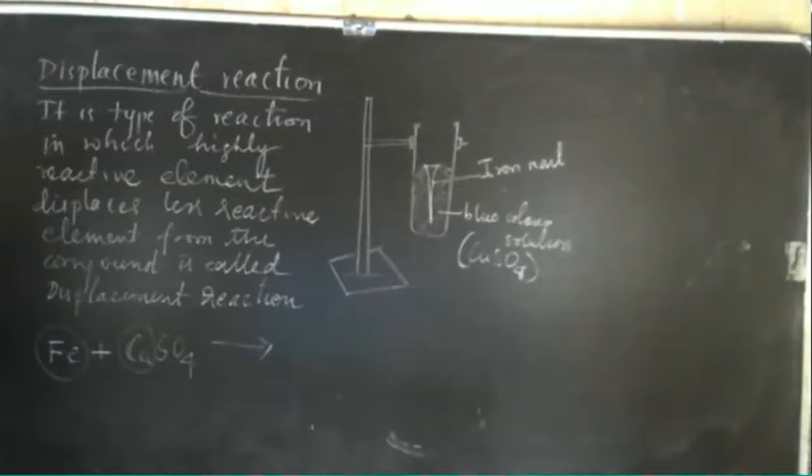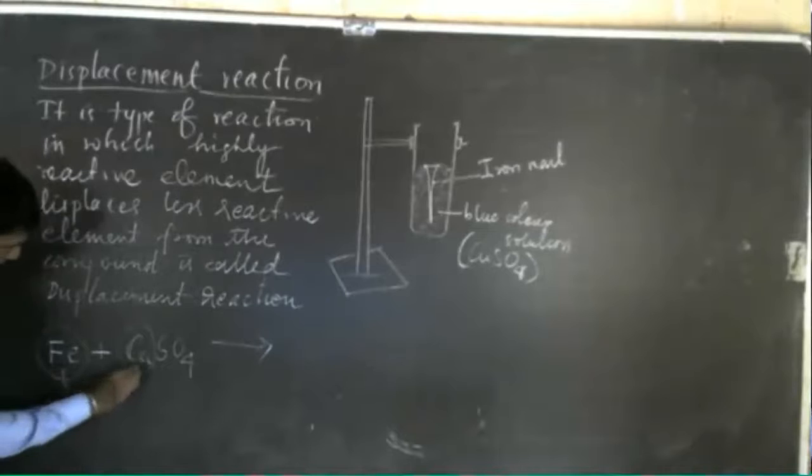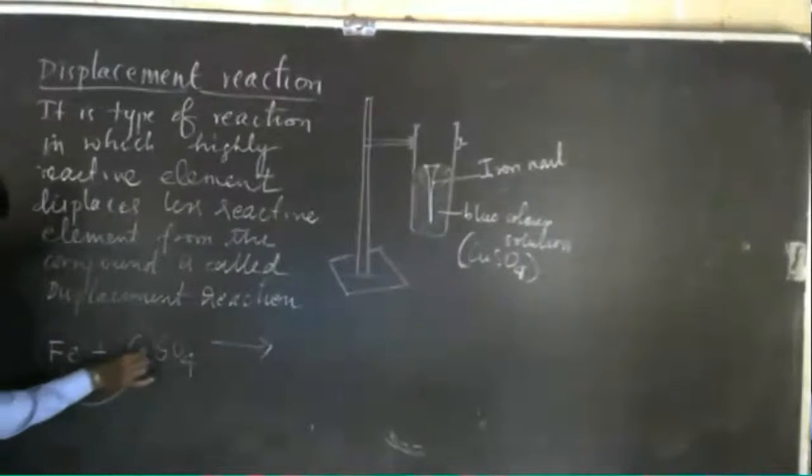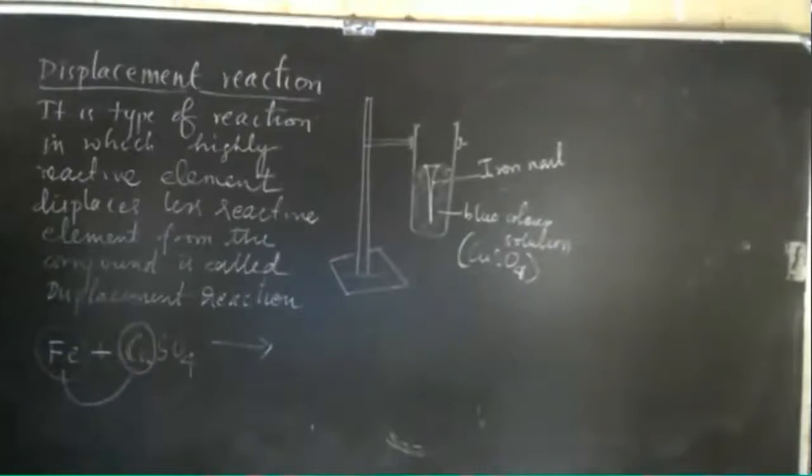I will tell you some trick to remember the reactivity series. There is one code, and with it you can easily identify which is highly reactive. These reactions have actually been done practically; they have proved it.